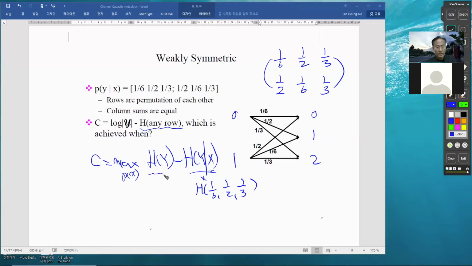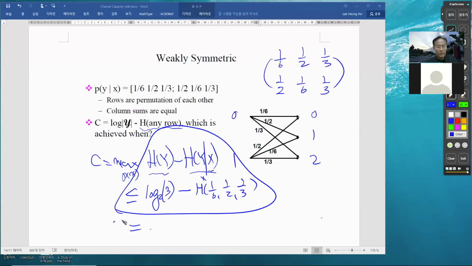Then we can focus on the entropy of the output. The maximum entropy of the output is log base 2 of the alphabet size, which is 3. So this is the upper bound of the mutual information.